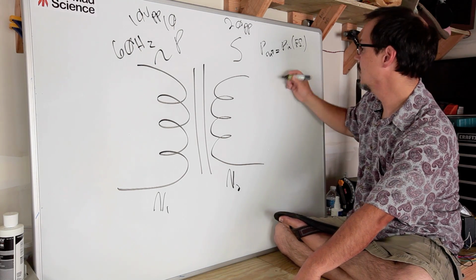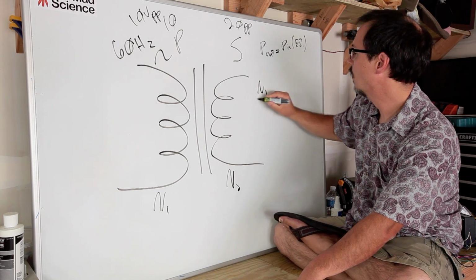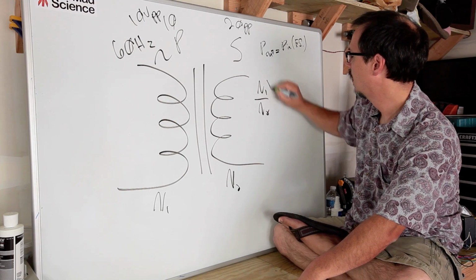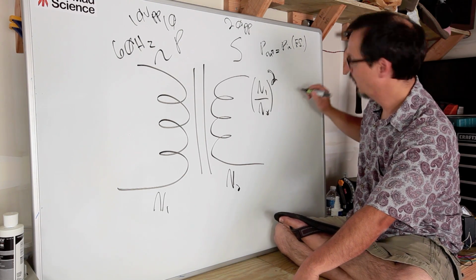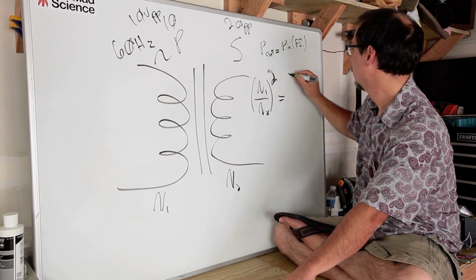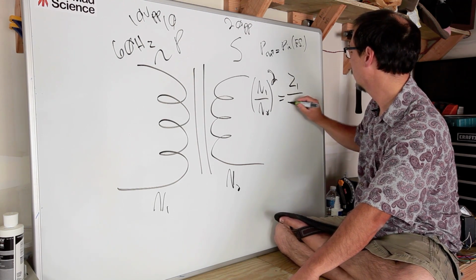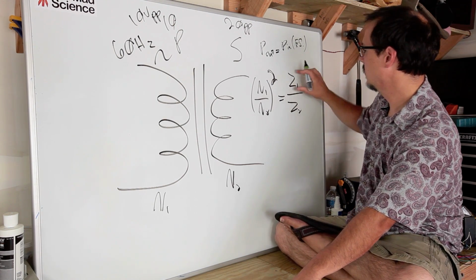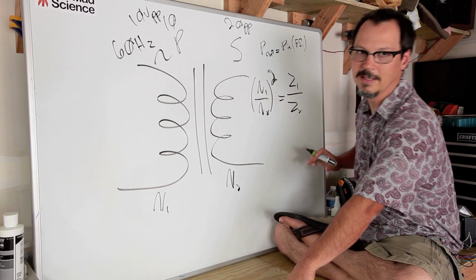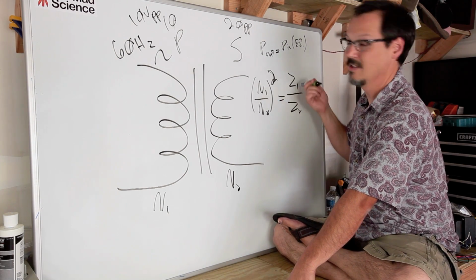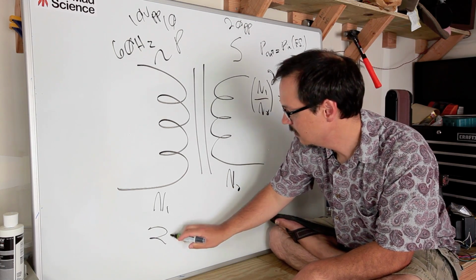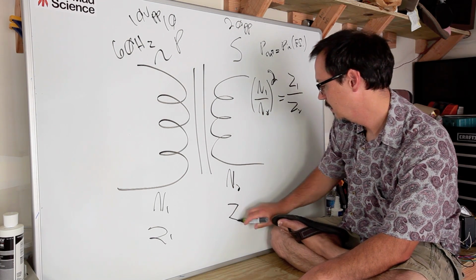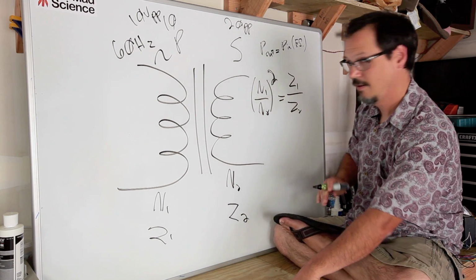And the way this works is N1 over N2, squared, equals Z1 over Z2. And Z is the letter for impedance, where R is resistance, Z is impedance. It's an AC thing, right? So this will be Z1, and this will be Z2. I need to practice my Z's.